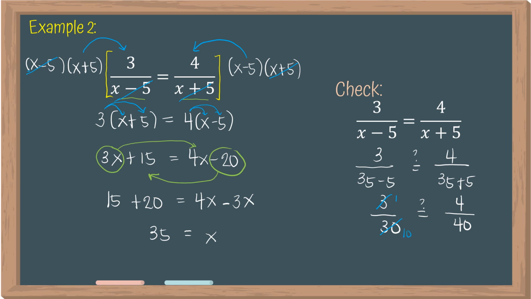On the right side, we see that 4 and 40 are both divisible by 4. So 4 divided by 4 will be 1, and 40 divided by 4 will be 10. So, 1 over 10 is equal to 1 over 10. And that makes our answer correct.